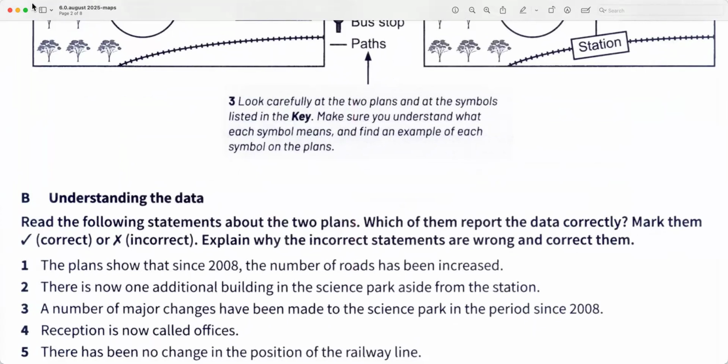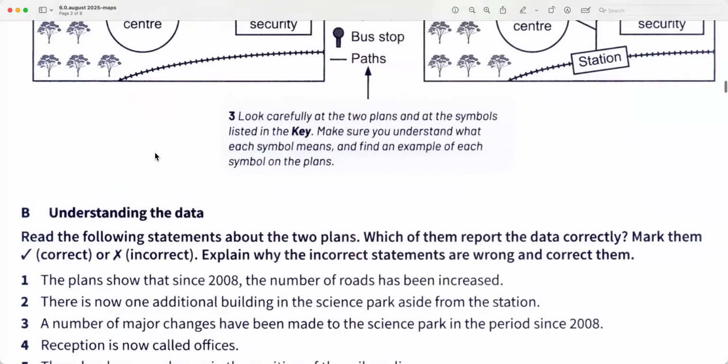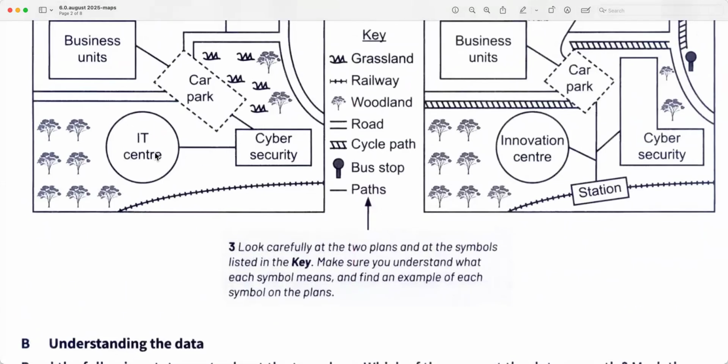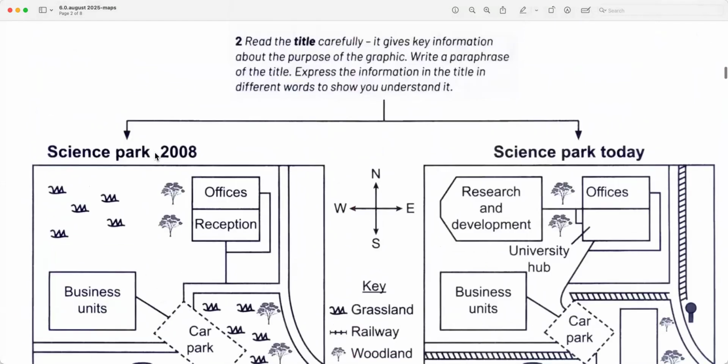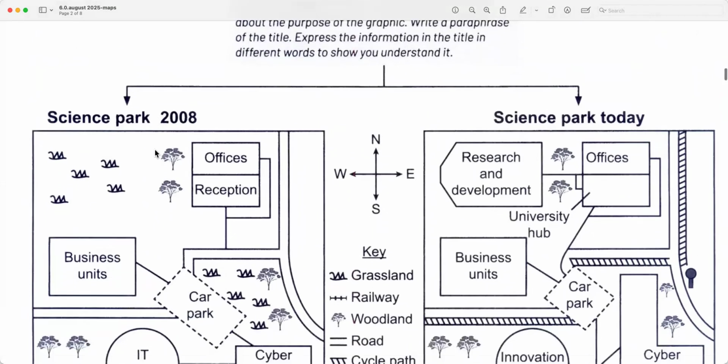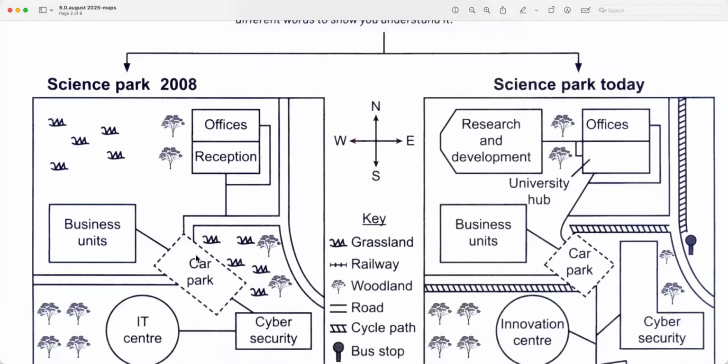Can you correct it? In 2008, there are two rows. Okay, already in 2008, right? So already in the past. So there are two rows or there were? Yeah, there were two rows.